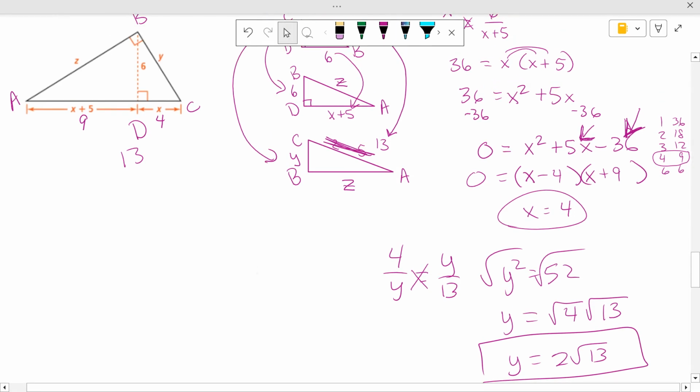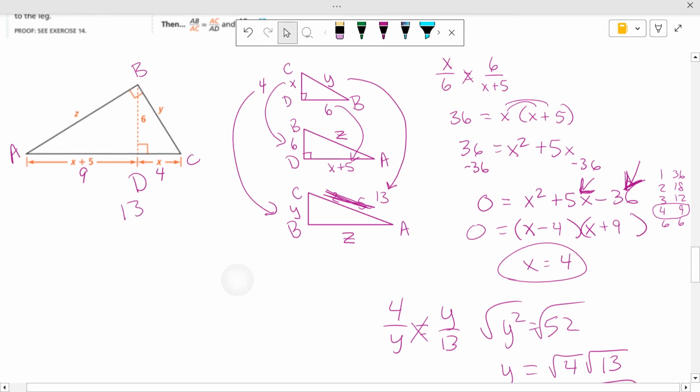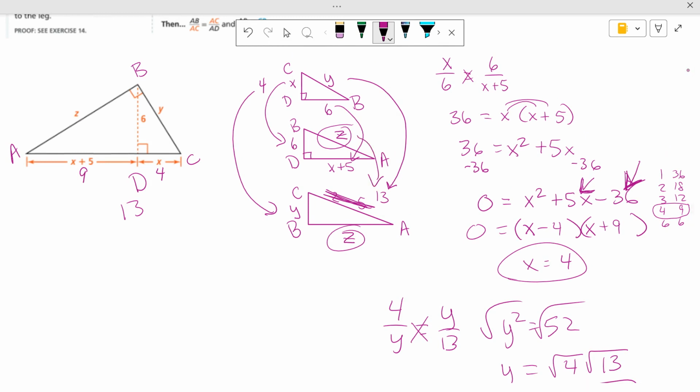Okay? Now to find z. Z is right here, and z is right here. So we use these two triangles. Z over 13 equals x plus 5 is 9, so 9 over z. So z squared equals 9 times 13. 9 times 13 is what, 117?